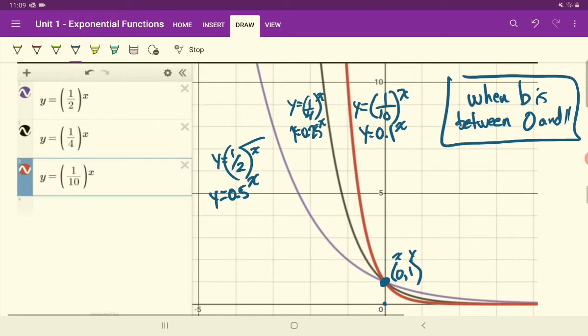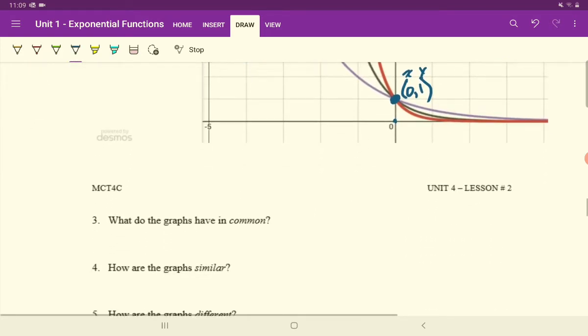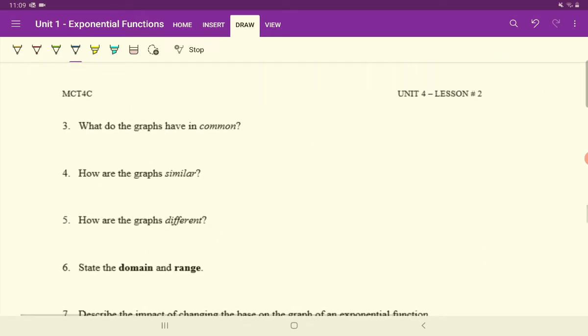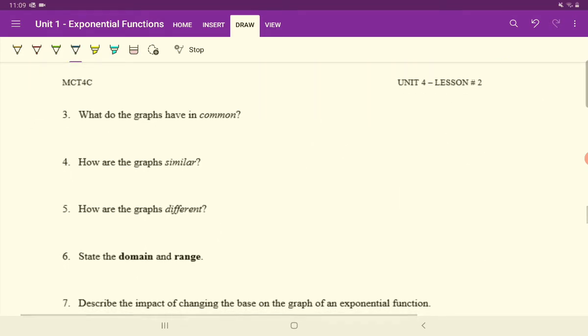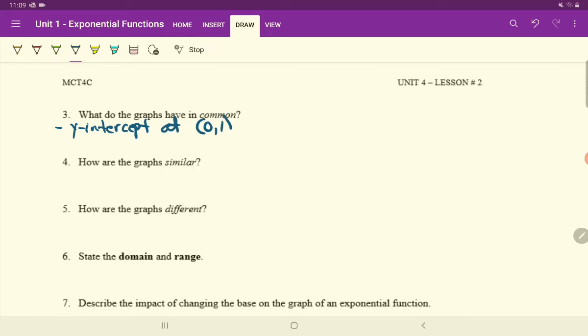All right, so I'd say that we've analyzed these three graphs. Let's now get our information down on paper. What do the graphs have in common? What do they have the same? They have the same y-intercept at (0, 1). They all also have an asymptote.